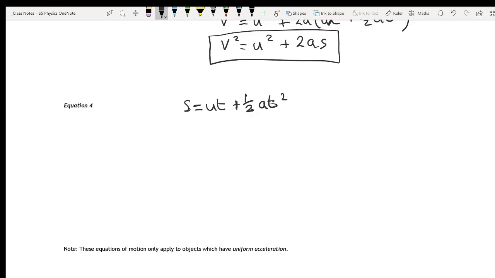So what we want to do now is we want to substitute for the a. So we know that a equals v minus u over t. So s equals ut plus half v minus u over t times by t squared. Are we okay?